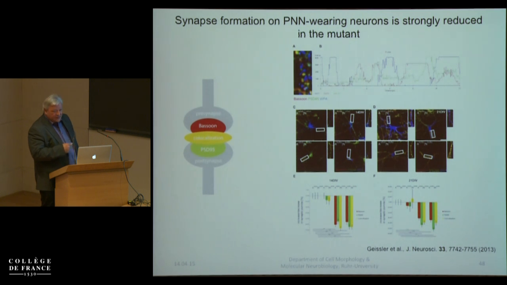So it seems that the reduction of perineuronal nets in the knockout neurons translates as well into a reduced synapse formation, and this could also be seen after 21 days, suggesting that in fact the extracellular matrix on that level may be necessary to stabilize synapses in that context.